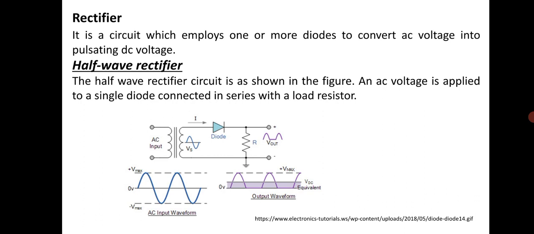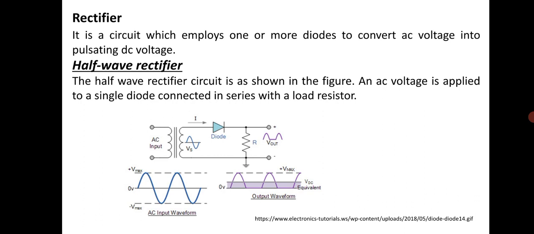So the current I flows through the diode and through the resistor. That's why at the output terminals A and B, you are going to get the positive half cycle, which is shown here in the output waveform. So in the output waveform, you can see the positive half cycle is coming out.